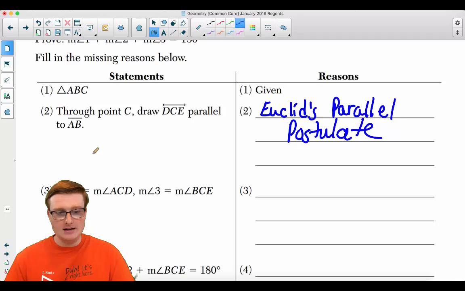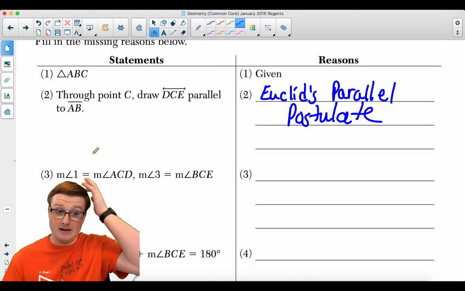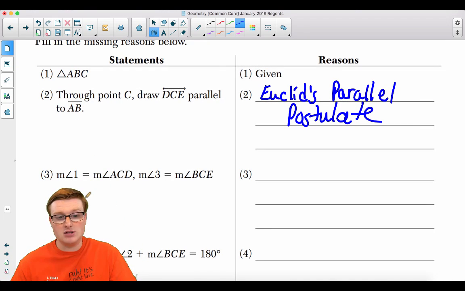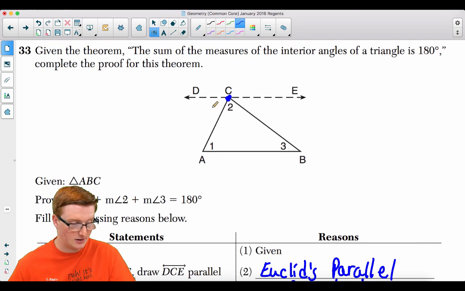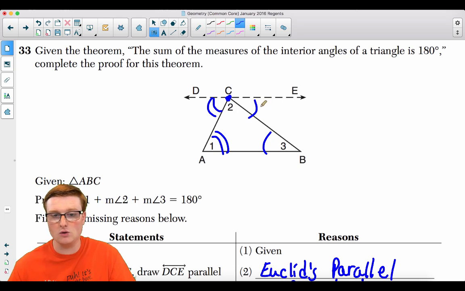Okay? Number 3. The measure of angle 1 is equal to the measure of angle ACD, and the measure of angle 3 is equal to the measure of angle BCE. Well, that is here. So the measure of angle 1 is congruent to ACD. That's over here. And angle 3 is congruent to BCE. So that's over here.